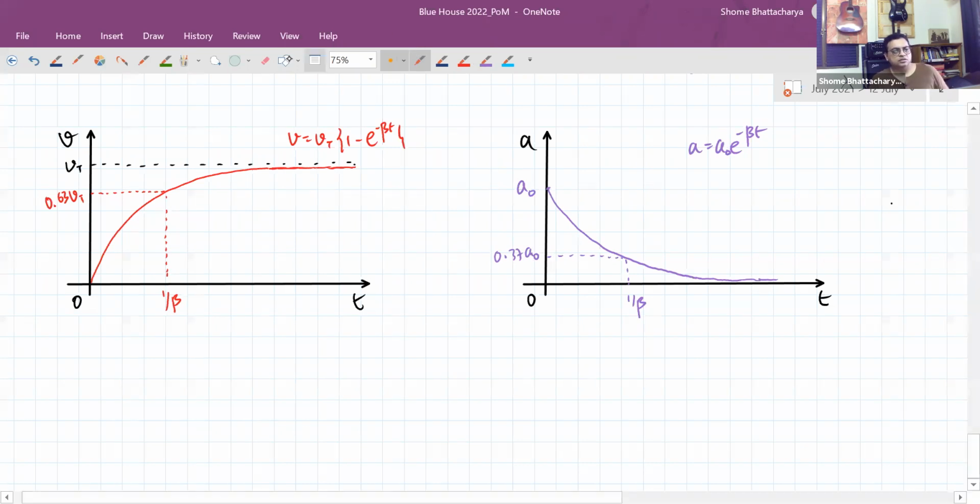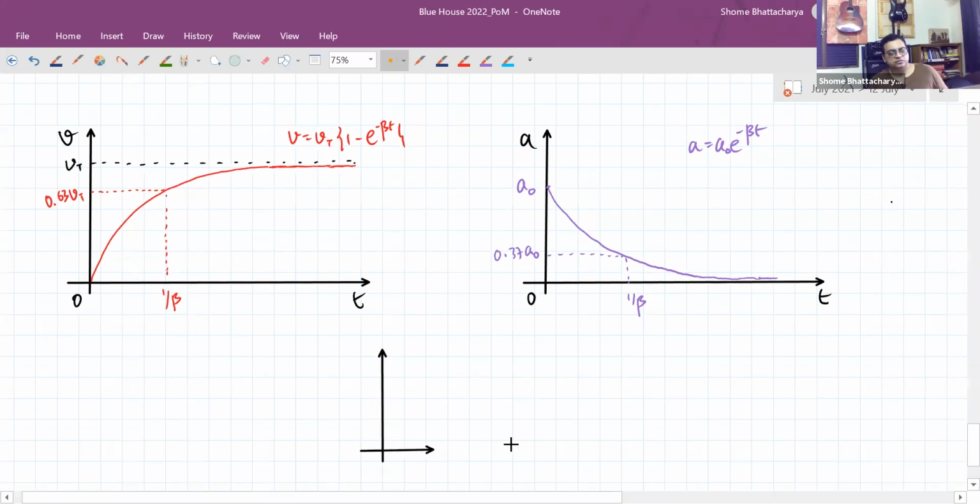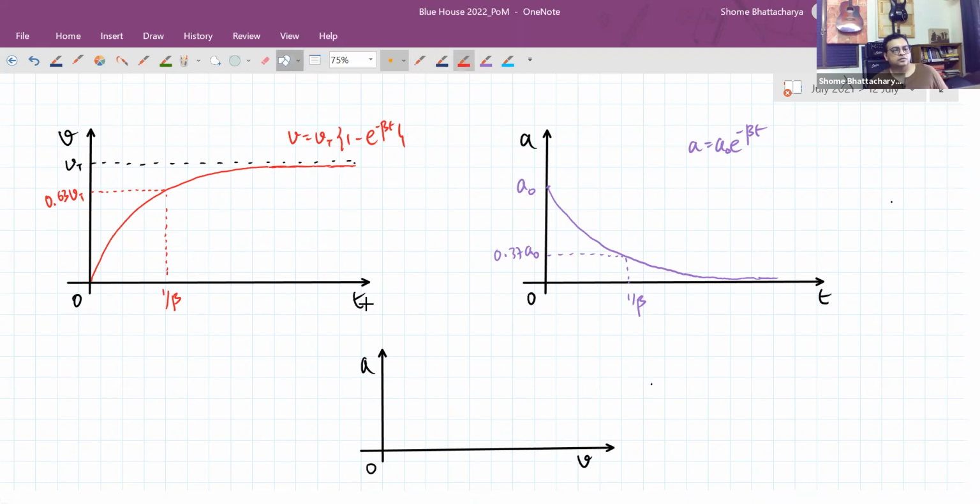Whereas if you also see the graph of acceleration versus velocity, that one is a straight line graph. This one. So when the velocity was zero at t equal to 0, the acceleration was A naught.